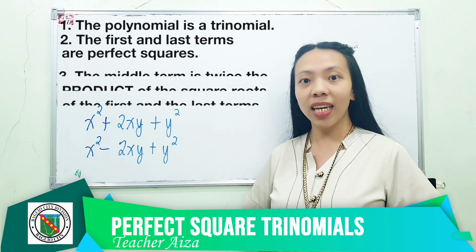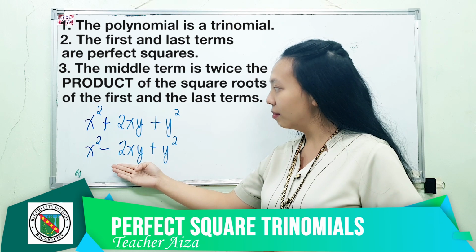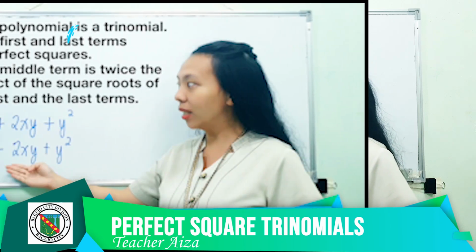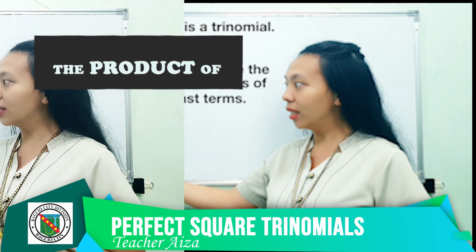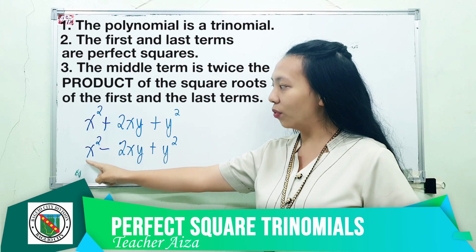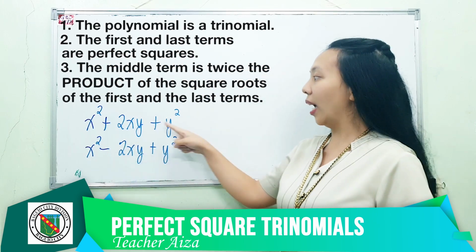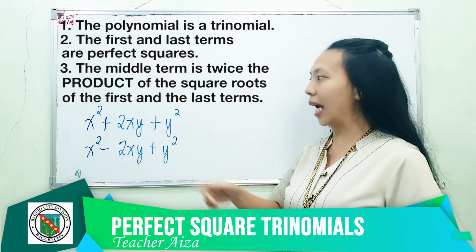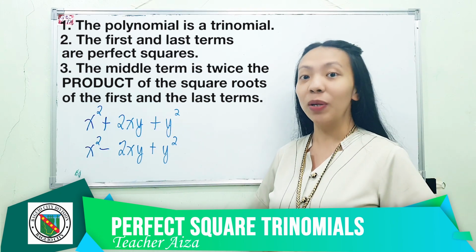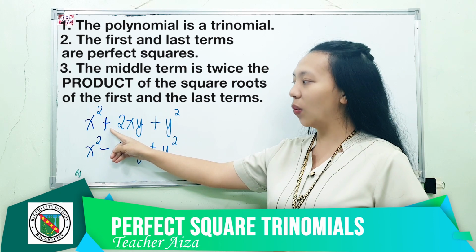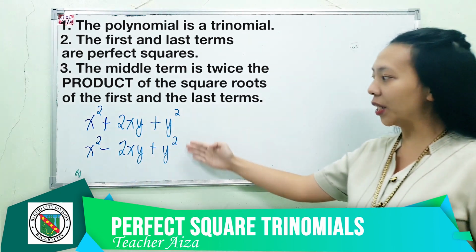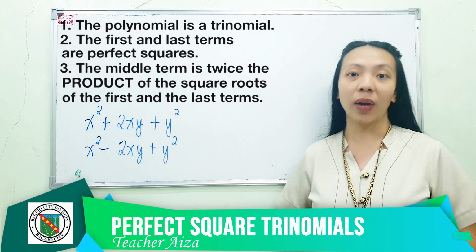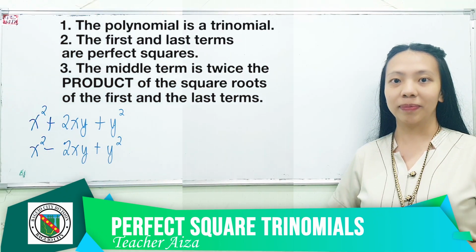And lastly, the middle term must be twice the square root of the first term and the square root of the last term. The middle term could either be positive or negative. Thus, these two polynomials here are perfect square trinomials.